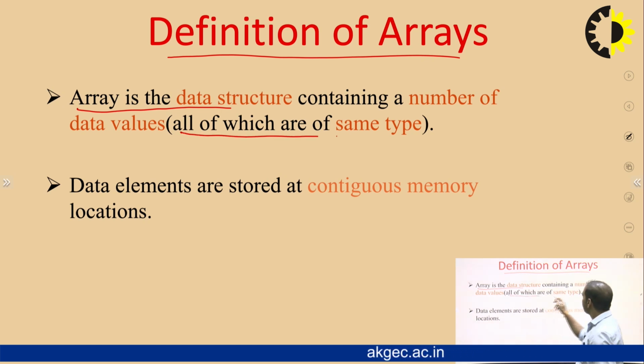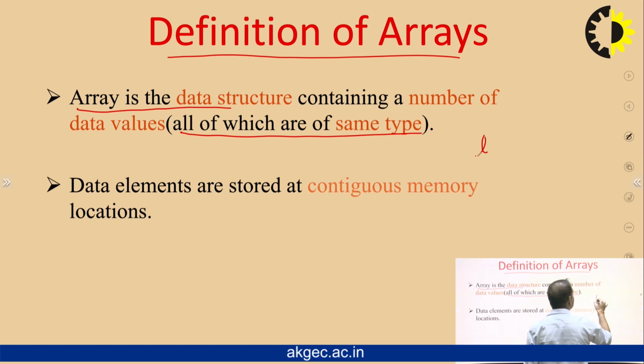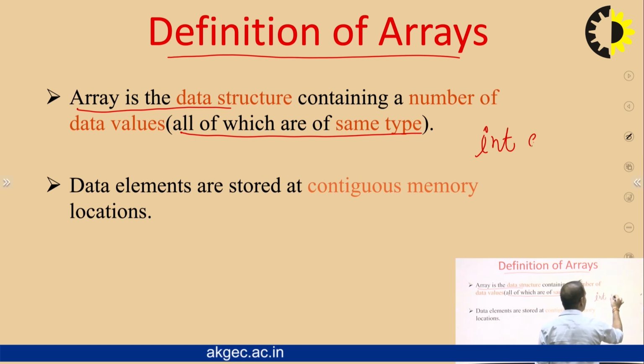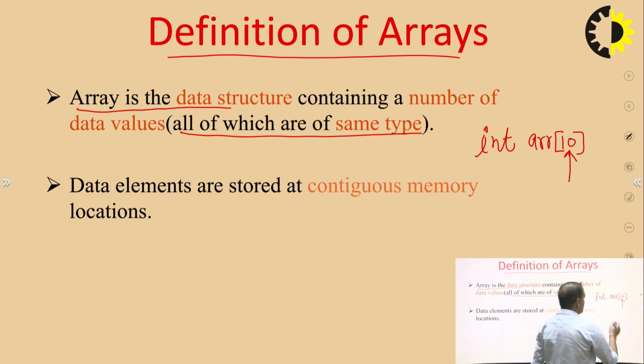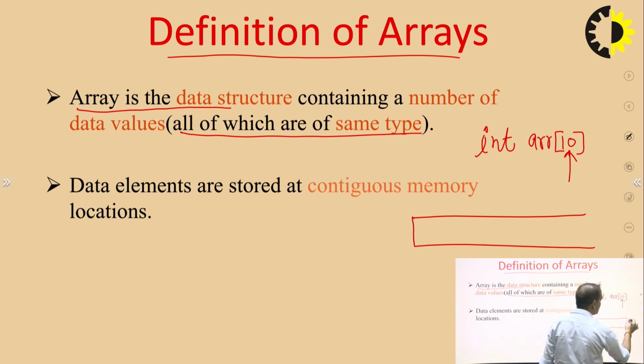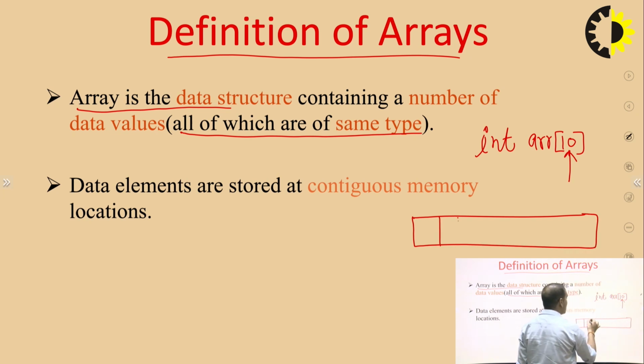That means if we declare like this, int arr[10], this is the name of the array, and 10 is the length of the array, also called the size of the array. That means here we have allocated 10 contiguous memory locations which start with 0.